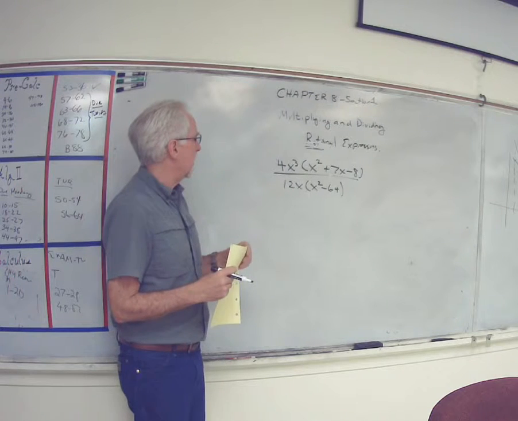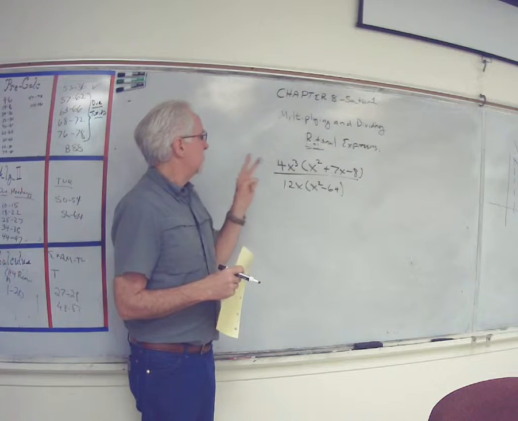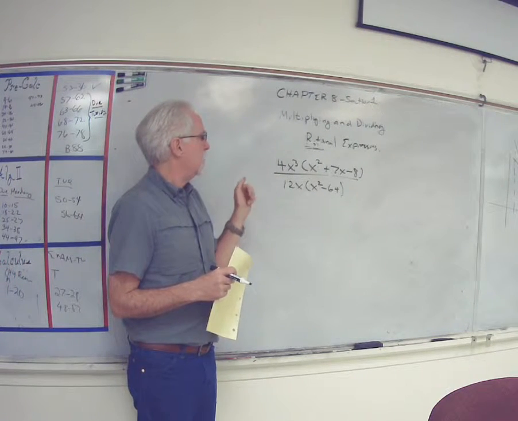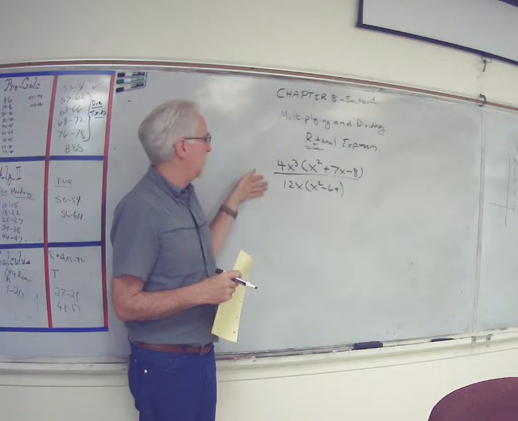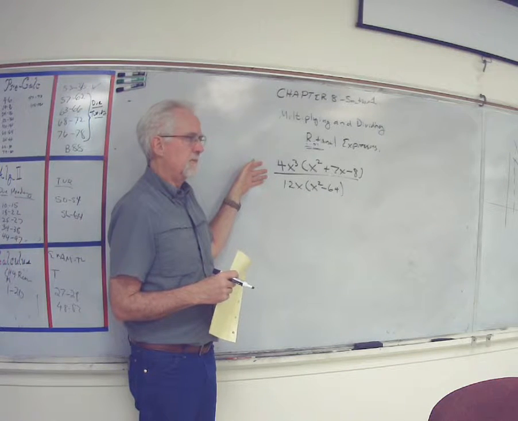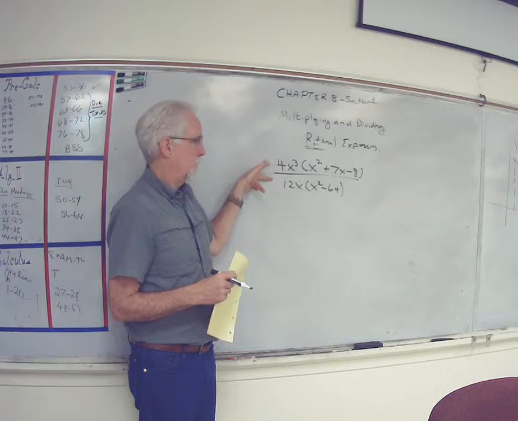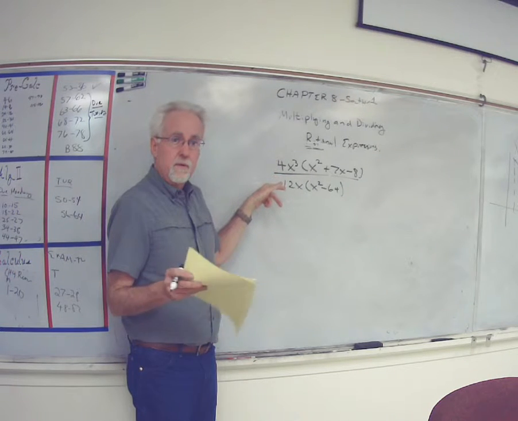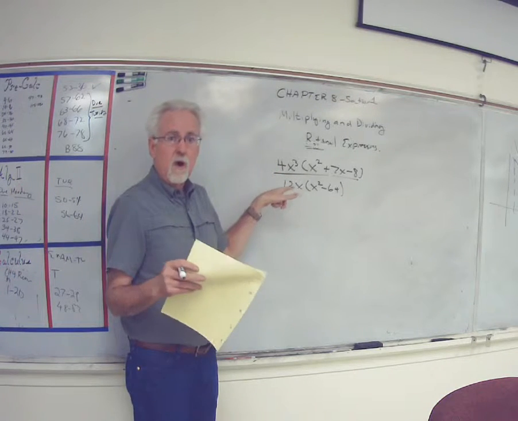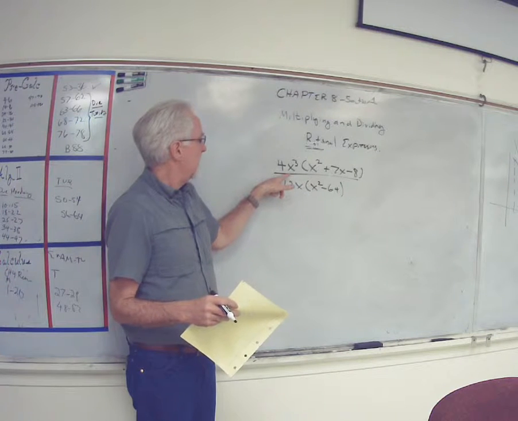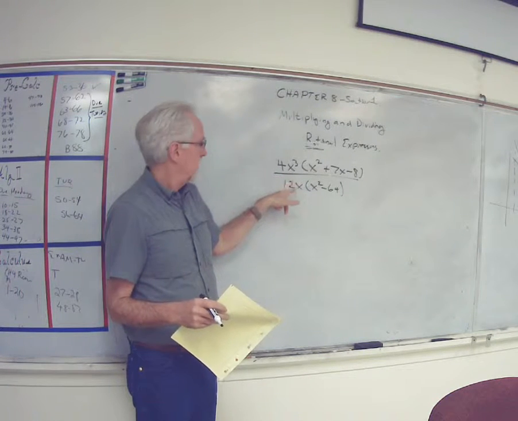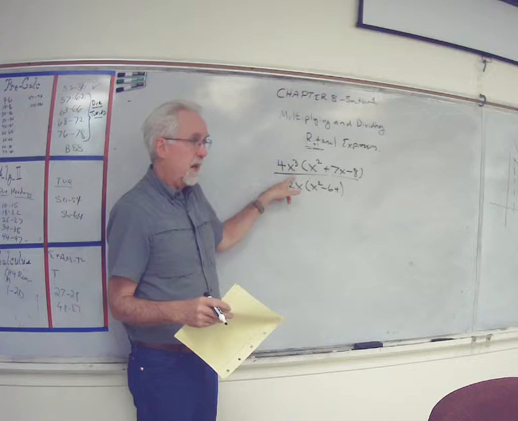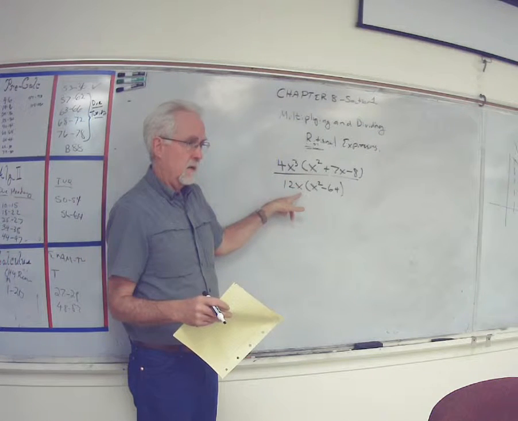But even before we factor, what are two things that we could deal with even in the present form? The 4 and the 12 would already reduce. And what else would reduce? The x cubed and the x.